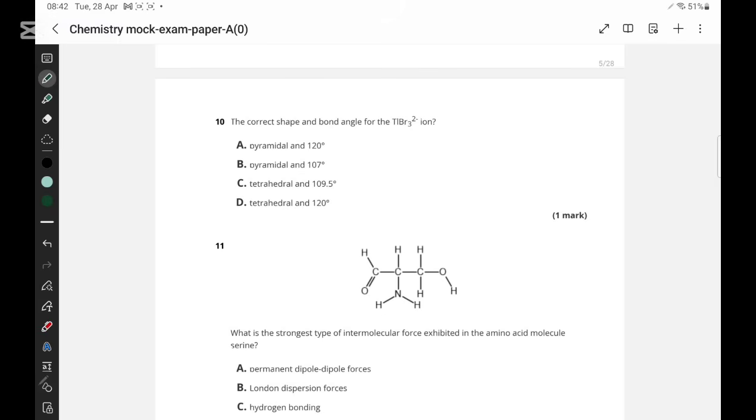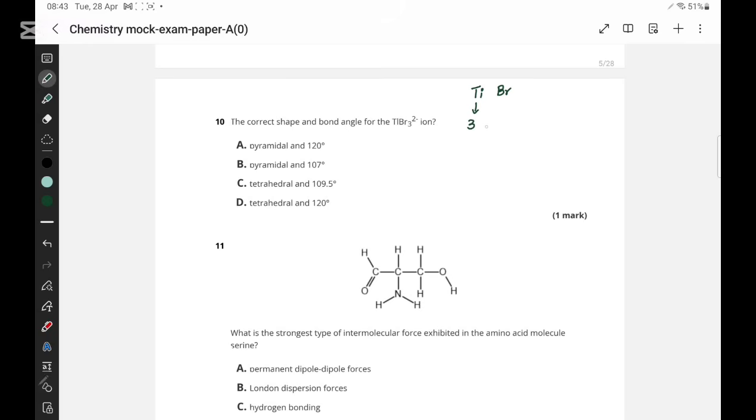For the next question, we are given titanium bromide with a charge of -2, so we have an ion. First calculate the valence electrons in order to draw the Lewis structure. How many electrons does Ti have in the valence shell?